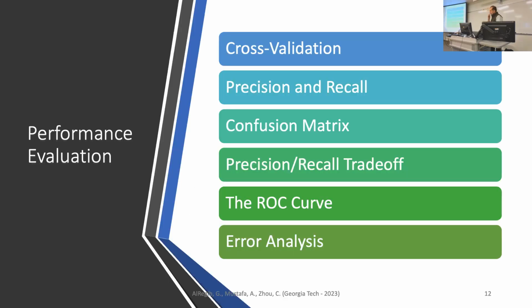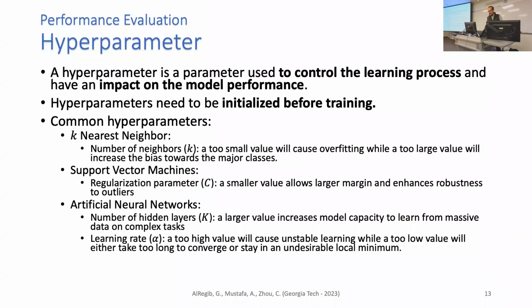Okay, let's look at the performance evaluation. So we've got cross validation, precision recall, confusion matrix, and ROC curves. Okay, hyperparameters in performance evaluation. Usually we have K and M, we have the capital C in SVM, the number of layers, the number of neurons in ANNs, and that's where you have hyperparameter tuning.